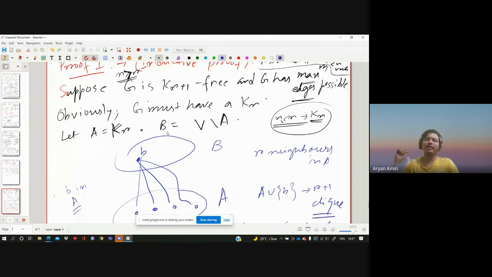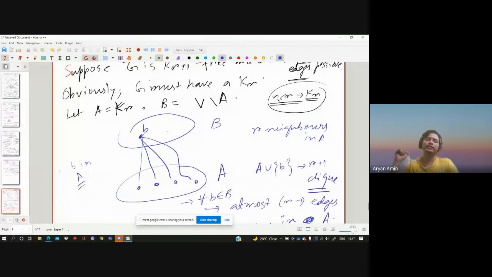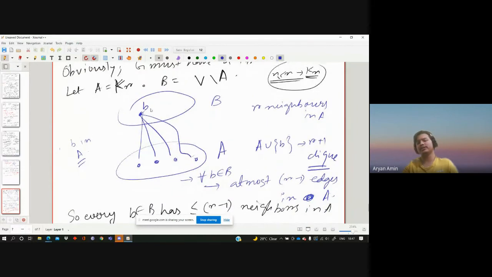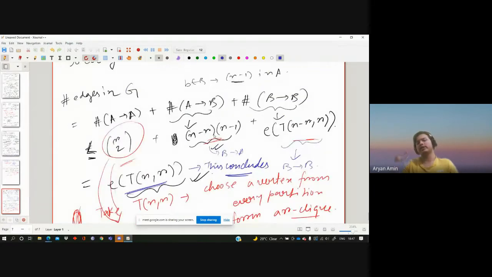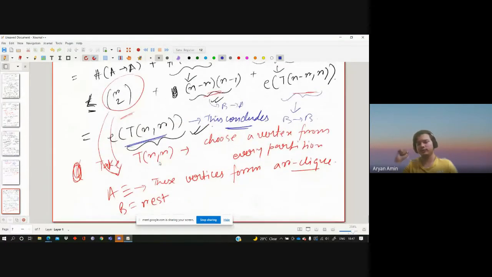So by maximality, you must have a K_r inside it, and we let A denote the K_r and B denote the other vertices. It turns out that a vertex in the other part can have at most r minus 1 neighbors in the K_r, otherwise you would end up having a K_{r+1}, right? Using that, we bounded the number of edges and found that it was equal to e of t(n, r), which concludes the proof, right?